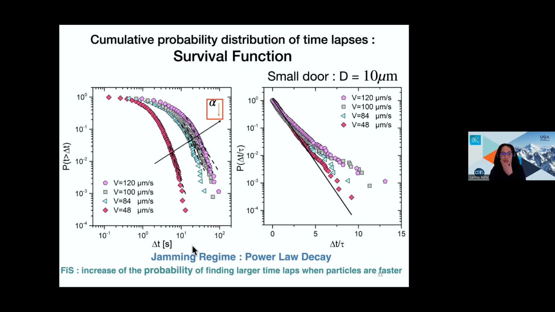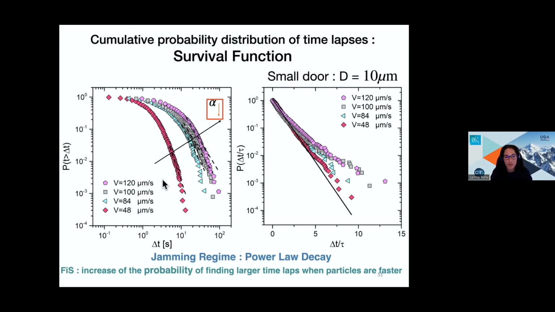So this is what we can call here a jamming regime, let's say clogging in the crowd motion terminology. And that is described here by a power law decay, or let's say the birth of a power law behavior at long time scales.